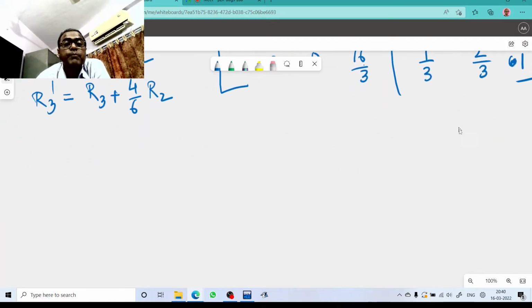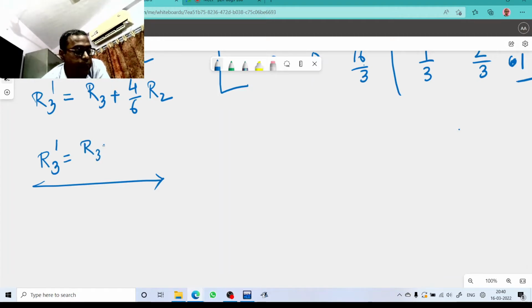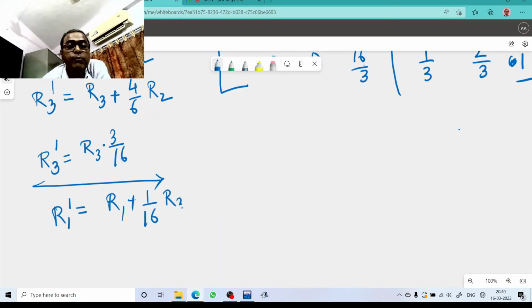So applying these operations: R3 dash equals R3 into 3 by 16, R1 dash equals R1 plus 1 by 3 into R3, R2 dash equals R2 plus 2 by 3 into R3.